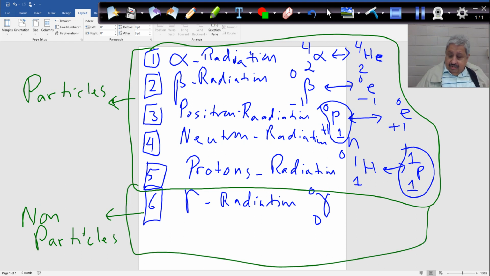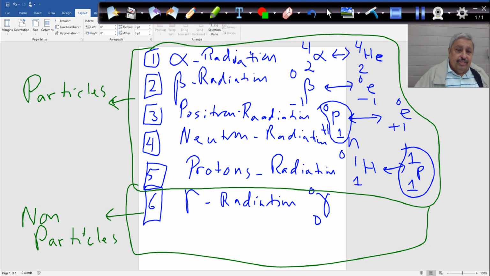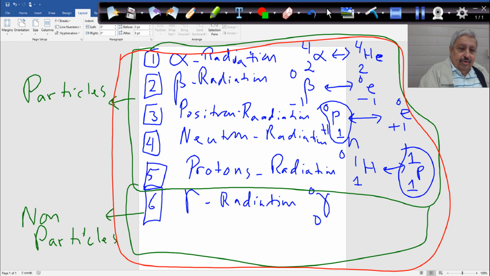Now, this is the first type of radiation we have to really pay attention to. Now we have to look at those radiations which we give in the sense of nuclear reaction. We call all this radiation a decay.